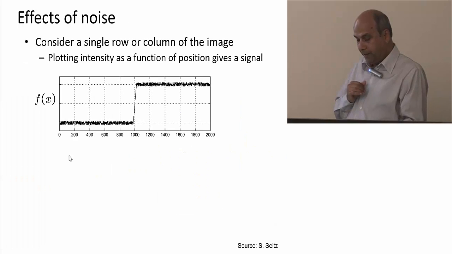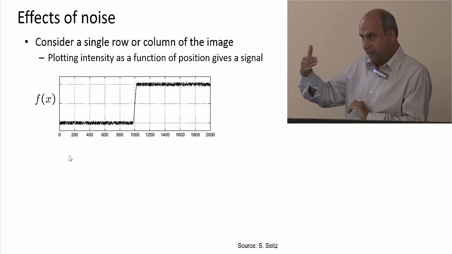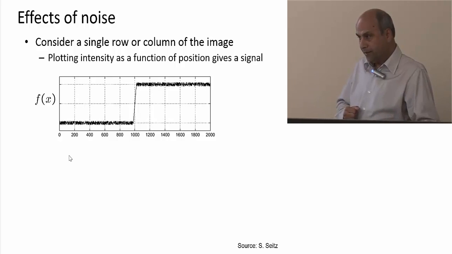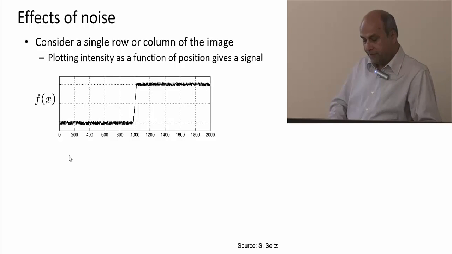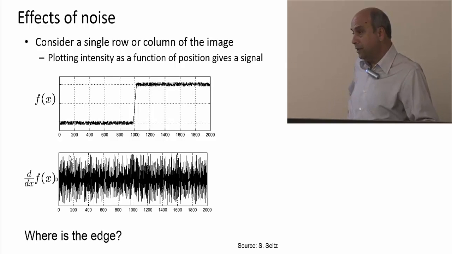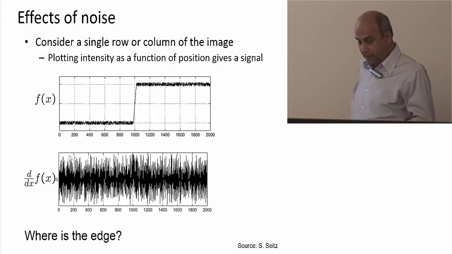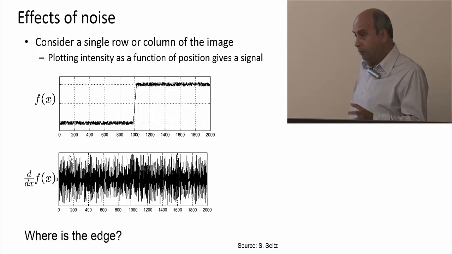Now if you find the derivative of that, this is another example that we have here. Earlier it was a step function, but now we have added a little noise. Even though for humans it looks like a very nice edge, there is noise. If you find the derivative, it looks like that. It's very noisy, because the derivative is amplifying the noise, and that's a problem. Okay, so we don't know where the edge is.